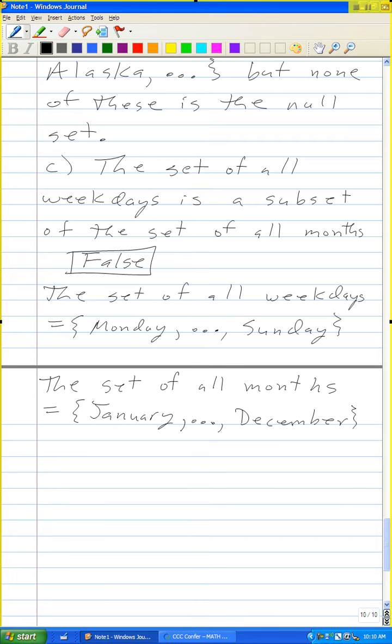It's not in that list, and so none of these days are months. So no, the set of all weekdays is not a subset of the set of all months.